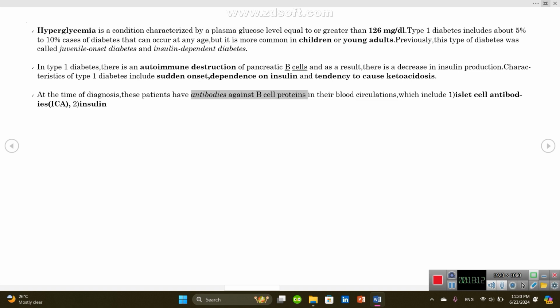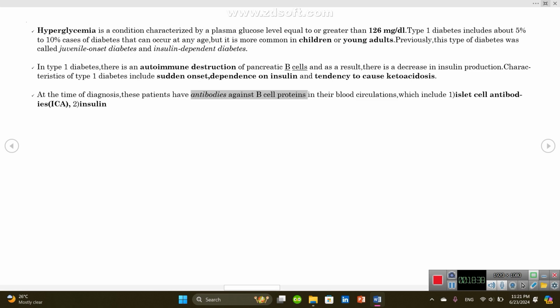So in patients with diabetes type 1, we have some antibodies in their plasma. It means that if we search for these antibodies, we can find out whether that patient has diabetes type 1 or doesn't.